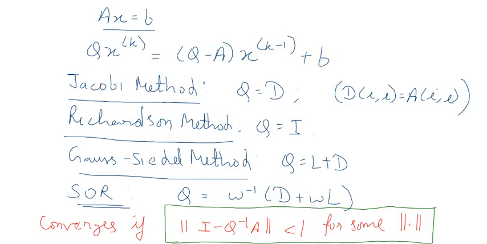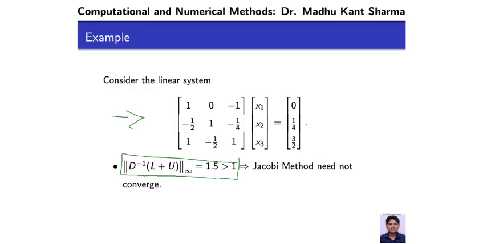Okay, so as an example, let's consider the following system. If you look at the coefficient matrix, and if you carefully split the coefficient matrix A into three parts, L + D + U, where if you recall, L is the strictly lower triangular part, D is the diagonal part, and U is the strictly upper triangular part of the matrix A. Okay, and now if you test the sufficient condition for the Jacobi method, you get the following.